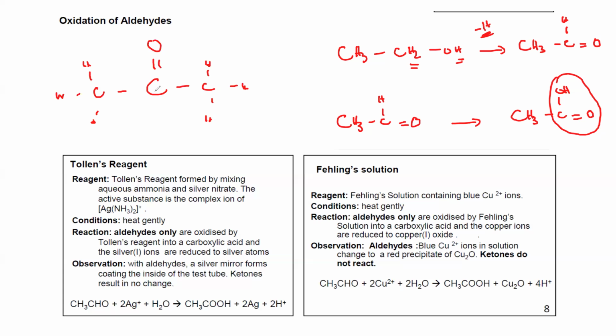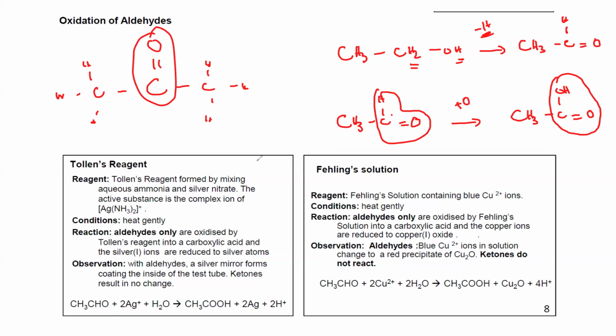But an aldehyde can be, because in an aldehyde we have C double bonded with O and H. So hydrogen is there, and with this hydrogen, oxygen is added and it becomes a carboxylic acid. But in a ketone there is no hydrogen attached to this carbon, so it cannot be oxidized. So an aldehyde can be oxidized, but a ketone cannot.